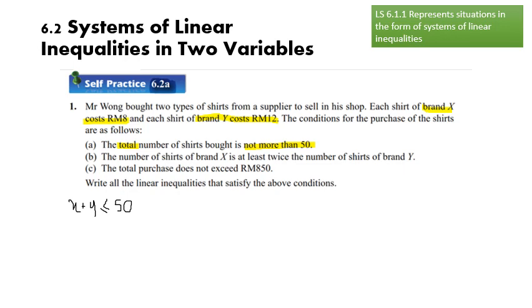Next, the number of shirt of brand X is at least twice the number of brand Y. Okay, bila soalan macam ni, saya suka translate dia satu-satu je. So, the number of shirt of brand X, so yang tu maksudnya X is sama dengan at least, okay.